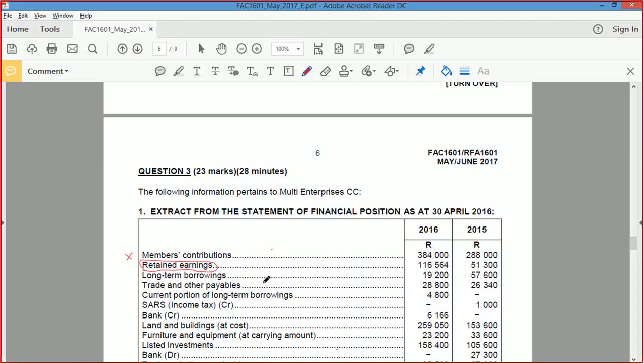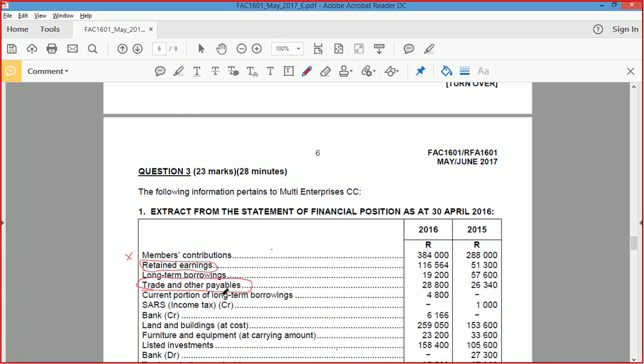Long-term borrowings, do I need it? No. Which section? It's investing. No. Financing. Yes. Financing because it's debt. Long-term borrowing is debt. You finance assets through debt or equity. Trade and other payables, do I need it?